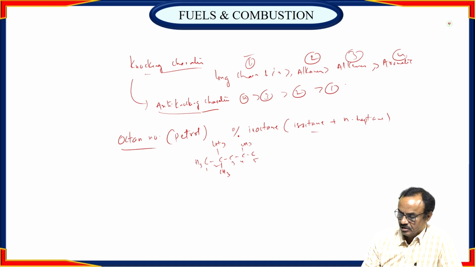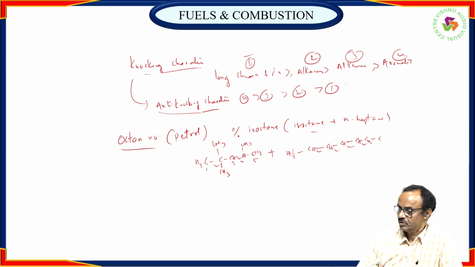Since it is pentane, there is no unsaturation. It is a combination of CH3, carbons 1, 2, 3, 4, 5, with the methyl groups, and no more H. This is combined with N-heptane: CH3, CH2, CH2, CH2, CH2, CH2, CH3, seven carbons.